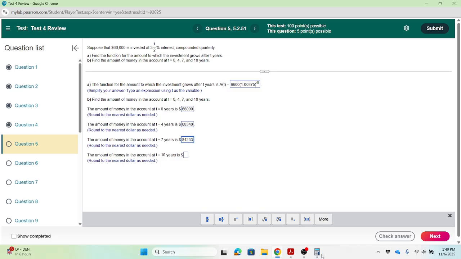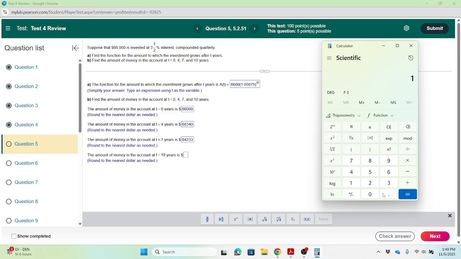84,233. Finally, the 10 years, one more time, 1.00875 to the power 10 times 4, which is 40, and then times it by 66,000. One less 0, what is that? Okay, and that is $95,516.